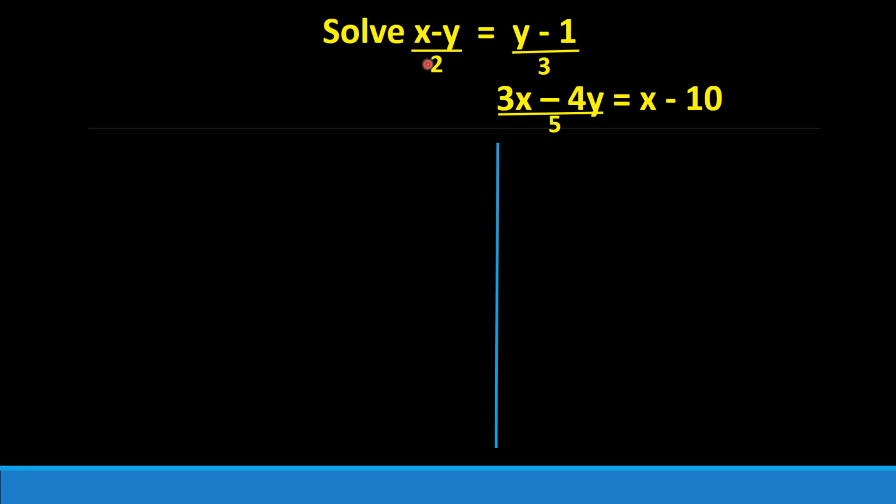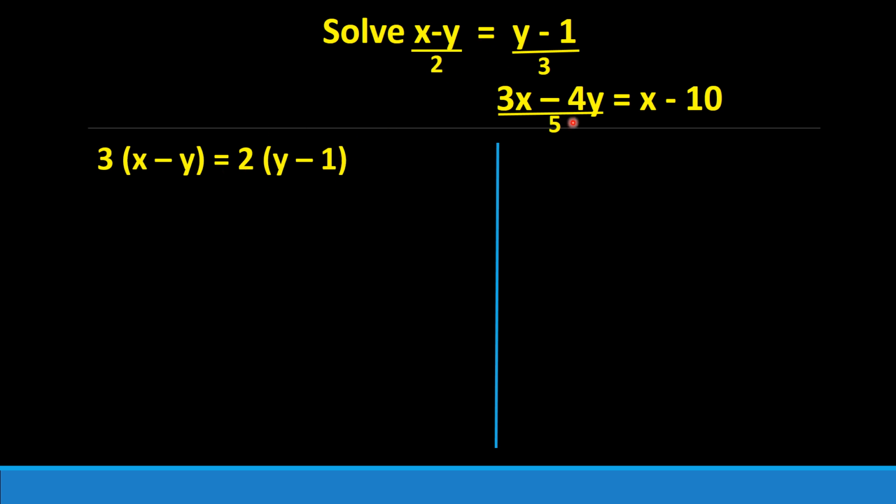Here we have to cross multiply. This 3 can be taken here and multiplied with this x minus y, and this 2 can be taken here and multiplied with this y minus 1. So we get 3 into x minus y and 2 into y minus 1 here.